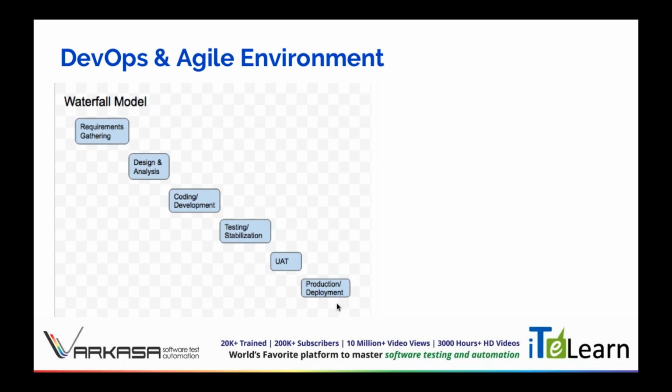Now, we are all familiar with the Waterfall model. I'm assuming this is one of the traditional software development models that we have been using. And basically, in the Waterfall model, you have certain steps that we have to go through, right? When we're developing an application, you always have requirements gathering. You have to find out the functional requirements and specifications that we need in order to develop that application.